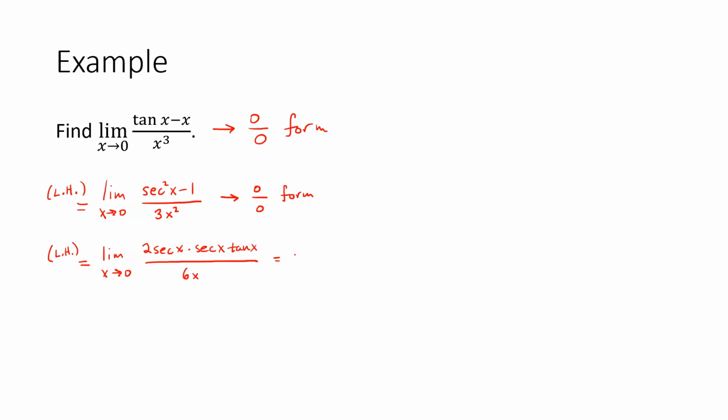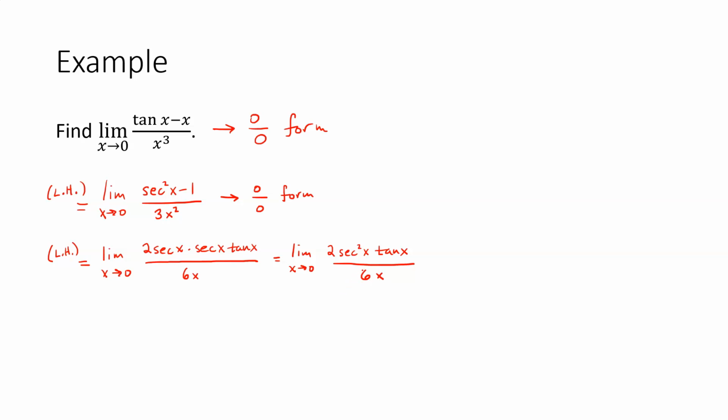Let me see if this simplifies a little bit now, we can perhaps try and work it out from here. We've got 2 secant squared tangent in the top, and then just 6x in the bottom.